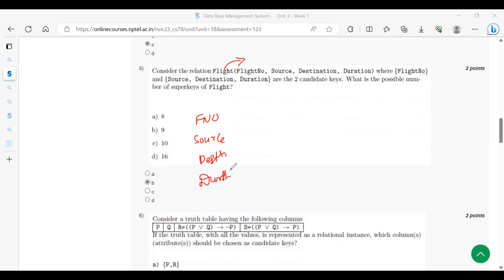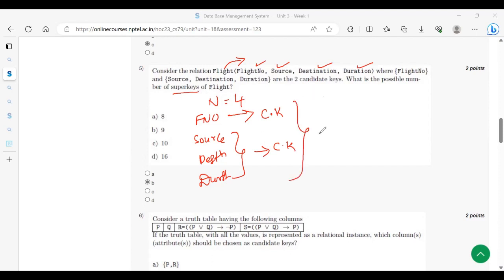And they are saying flight number and source, destination, duration are called candidate keys. So this is a candidate key, and this is a candidate key. Remember here, the total number of attributes is 4, because 1, 2, 3, 4. Now we are going to find out the possible number of super keys.